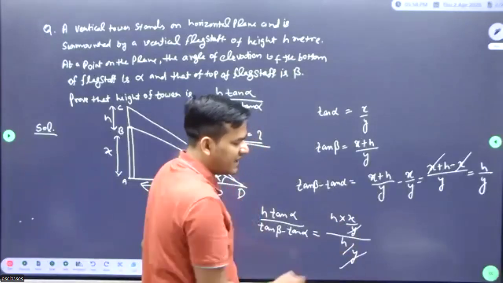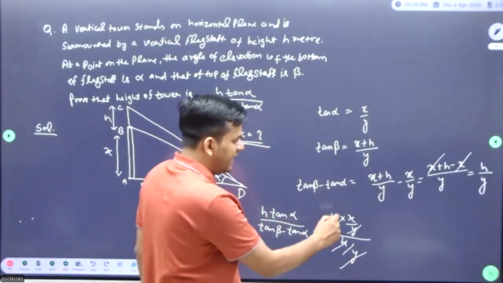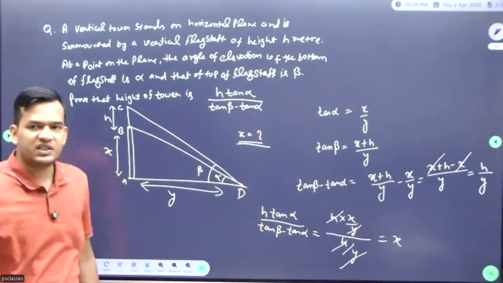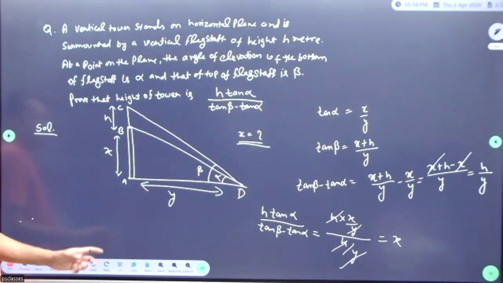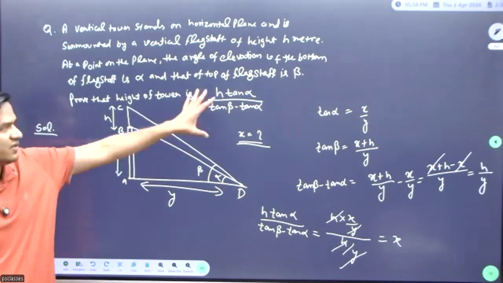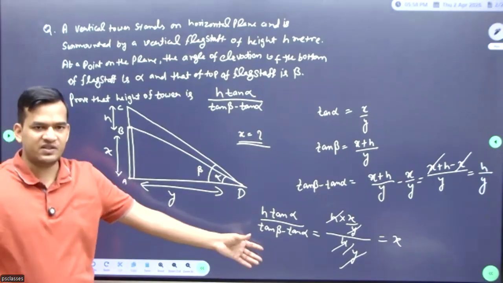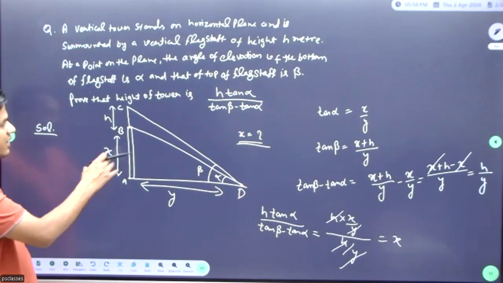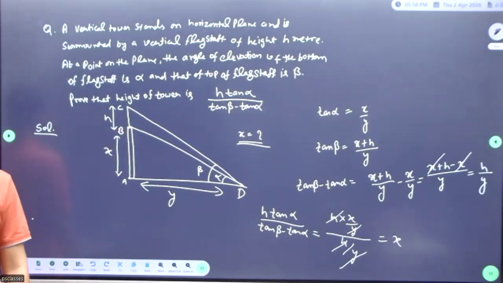So this y will get cancelled and this h and h will get cancelled. This is equal to x. So x is equal to h tan alpha upon tan beta minus tan alpha. This is what we have to prove. So we have taken this h tan alpha and tan beta minus tan alpha, and the value of this is equal to x. That is the height of tower.